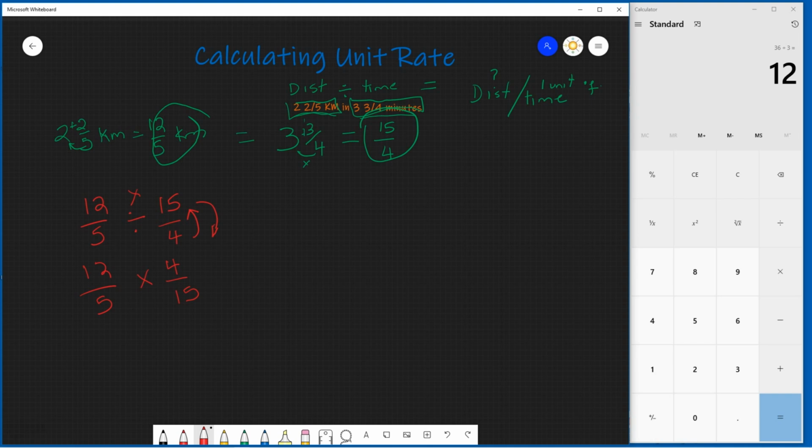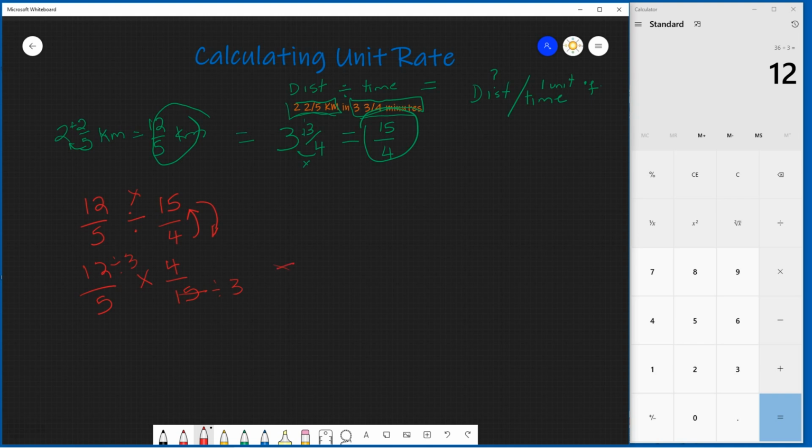We can simplify this because we can divide 3 into 15, right? Divide by 3. And we can also do the same thing here, divided by 3.